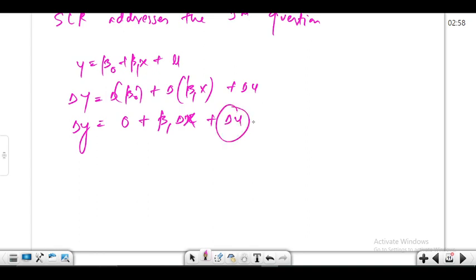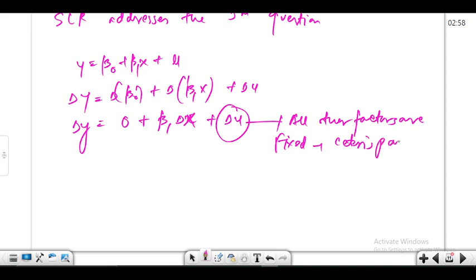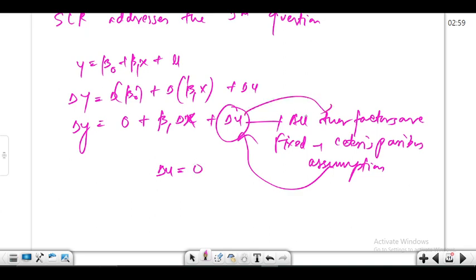Now since I know that all other factors are fixed via the ceteris paribus assumption, therefore this term becomes 0, so it will not change, because it is capturing the impact of all other factors only.